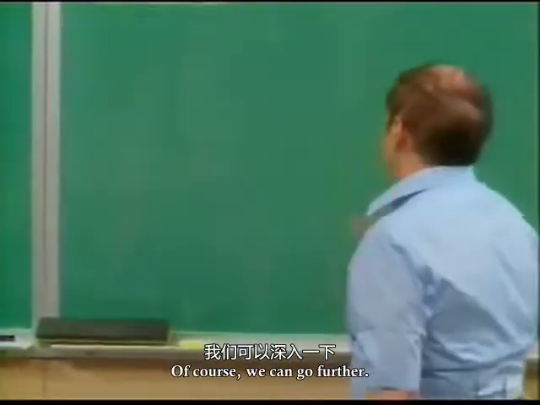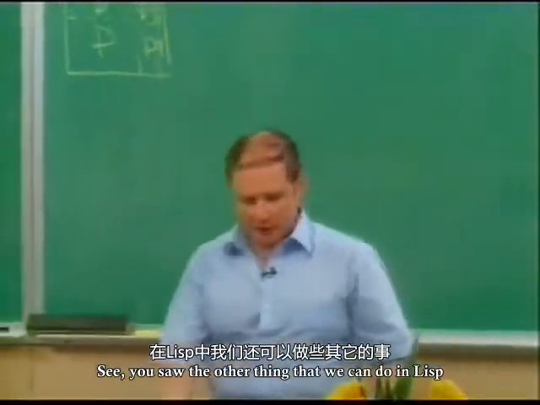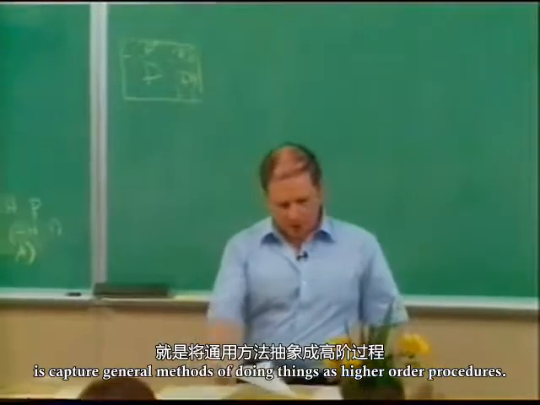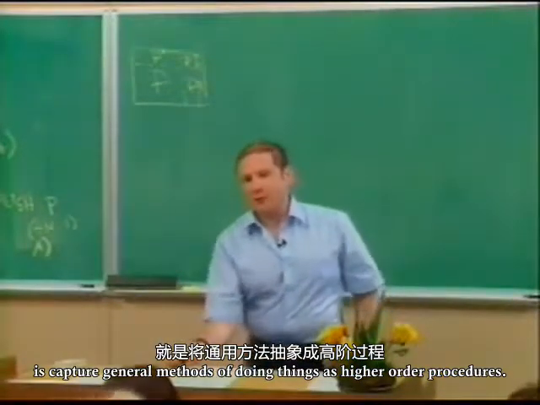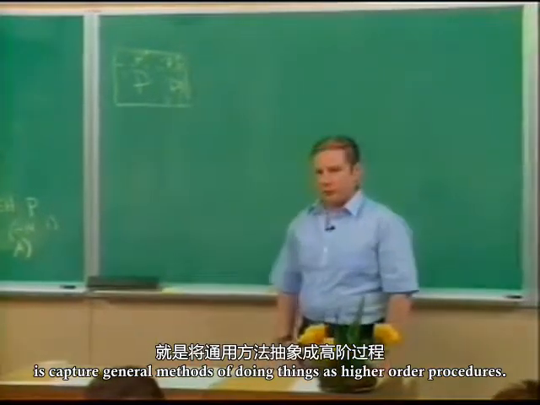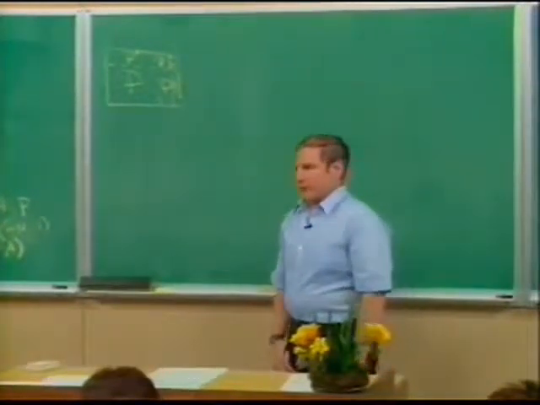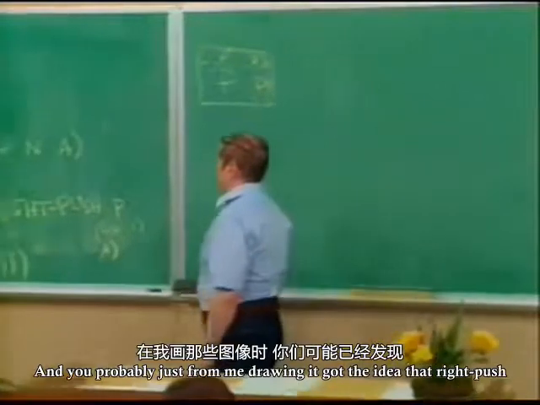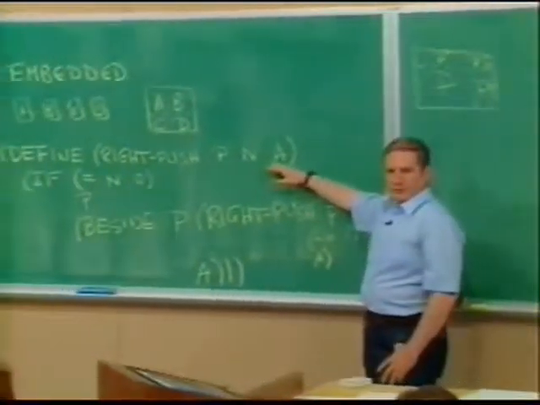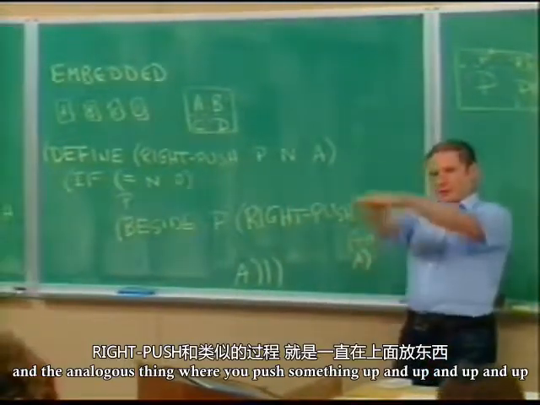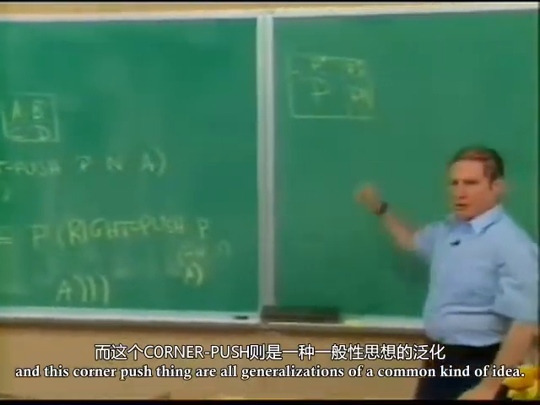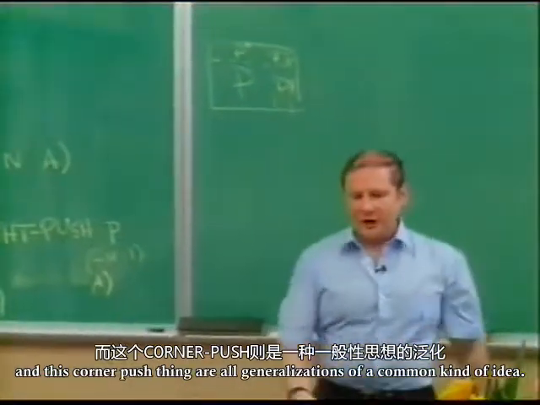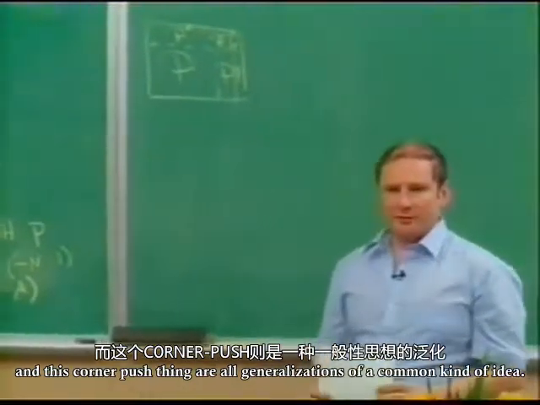Of course, we can go further. The other thing that we can do in Lisp is capture general methods of doing things as higher order procedures. And you probably, just from me drawing it, got the idea that right push, and the analogous thing where you push something up and up and up, and this corner push thing, are all generalizations of a common kind of idea.